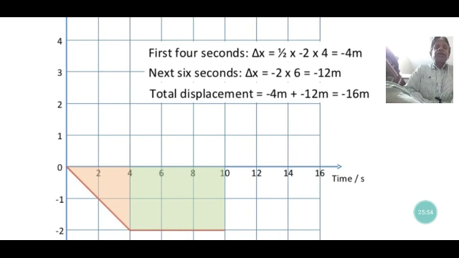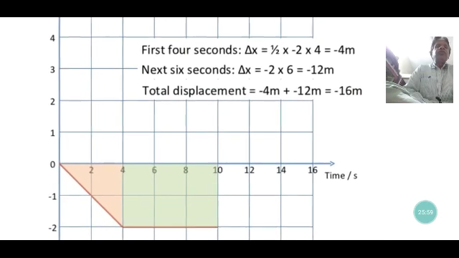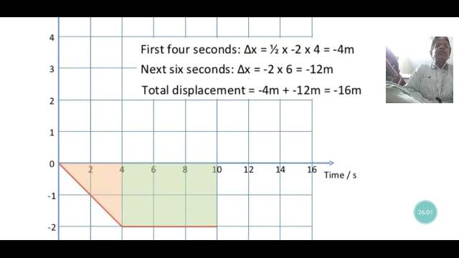For the next 6 seconds, the area is minus 2 times 6, so the area is minus 12 meters.